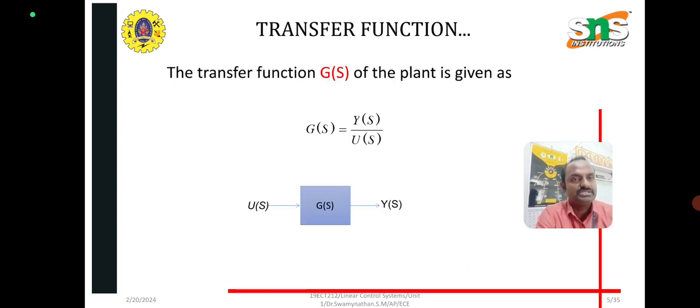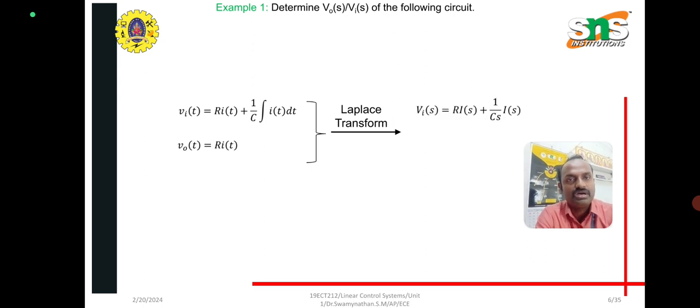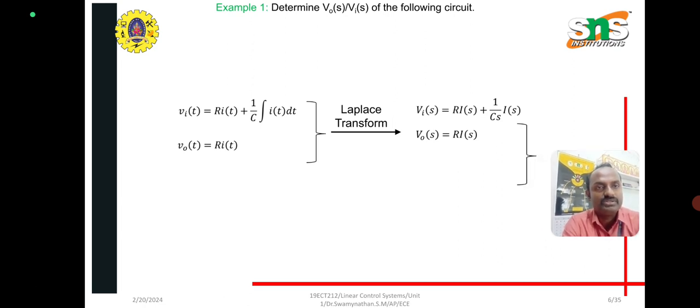So G of s is Y of s, the output, divided by U of s, the input. Now consider the equation: v i of t is equal to R i of t plus 1 by C integral of i of t dt. V naught of t is equal to R i of t; with the Laplace transform, R I of s plus 1 by Cs into I of s. R i of t is converted into R I of s.